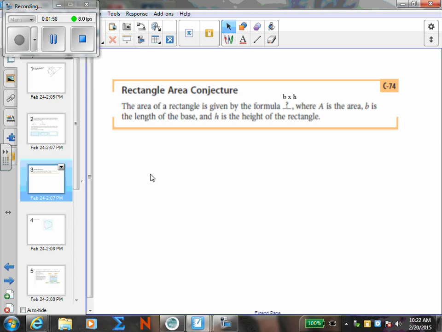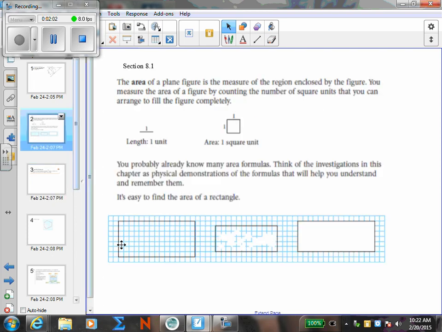So you just count the length. If we're going to find the area of this rectangle, we're going to count 1, 2, 3, 4, 5, 6, 7, 8, 9, 10, 11, 12, 13, 14, 15, and multiply it by the height. 1, 2, 3, 4, 5, 6, 7.